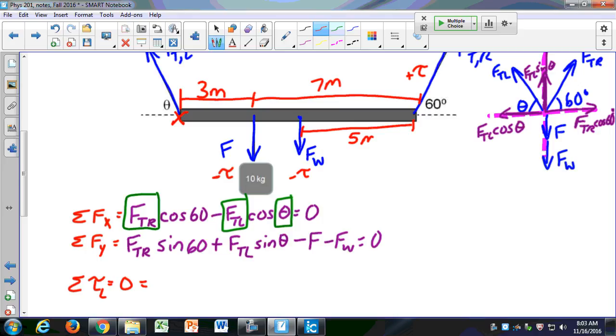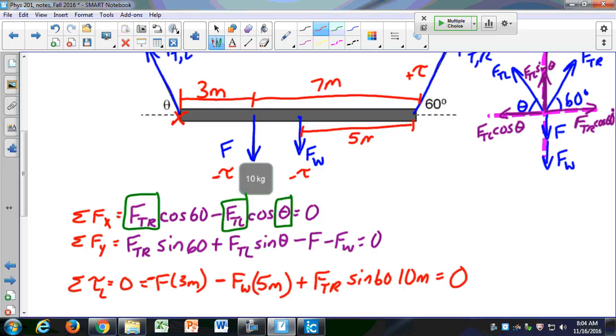So that's equal to minus F times 3 meters, minus FW times 5 meters, plus FTR sine of 60 times 10 meters. And this is all equal to 0.